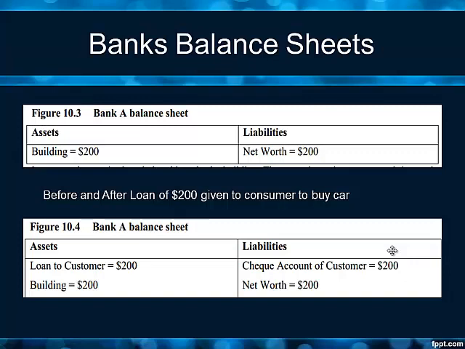Already we see the problem of accounting, because if I asked you where net worth is going to go, you will not put it in a liability. So the cash paid for the building is actually the liability. Yes, but at this time we are not thinking back that long. The bank already owns the building, so it is its property. If we go back to the transaction where the bank acquired the building, then it would have paid 200.